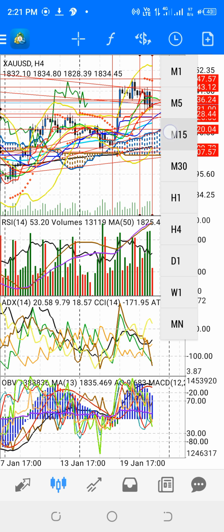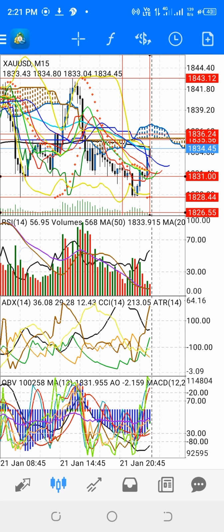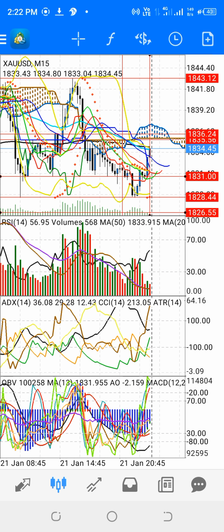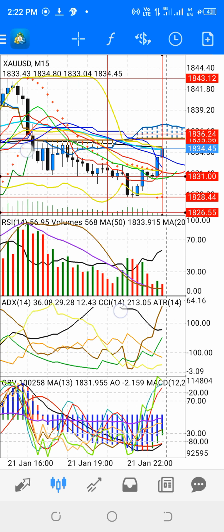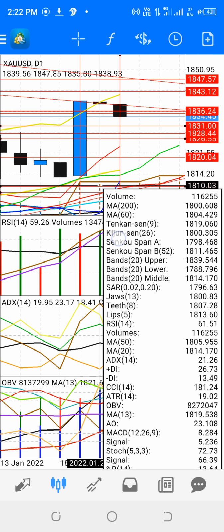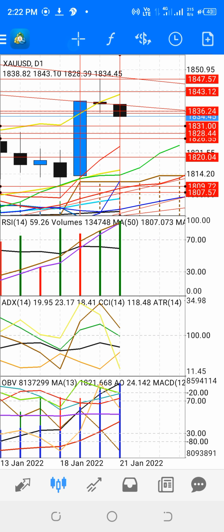So we will check on the 15 minutes on Monday's opening. It is possible that this is the third day of trading in Sydney. As I've said, the whole bias for Monday on the daily is upward momentum.